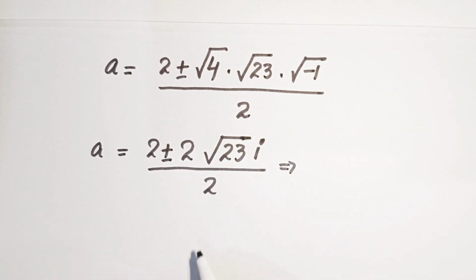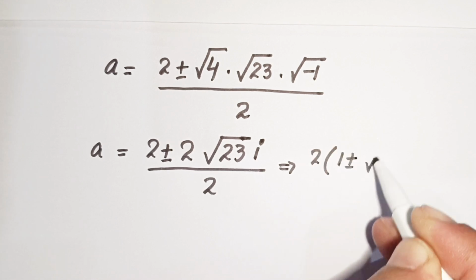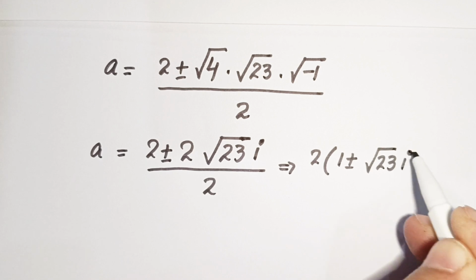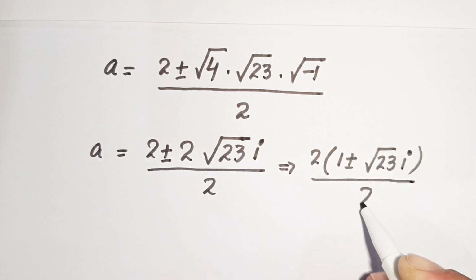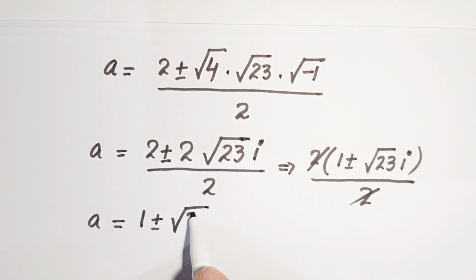Now if we take 2 common, we have 1 plus minus square root of 23 i all over 2. Cancelling 2 with 2, a is equal to 1 plus minus square root of 23 i.